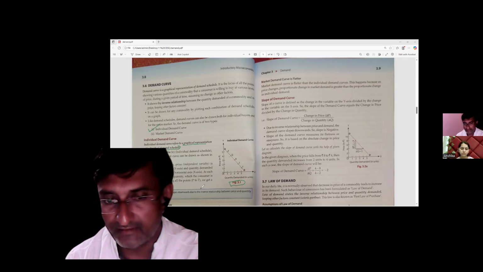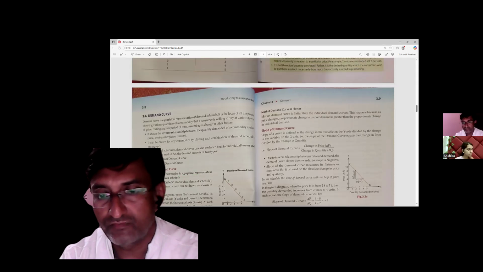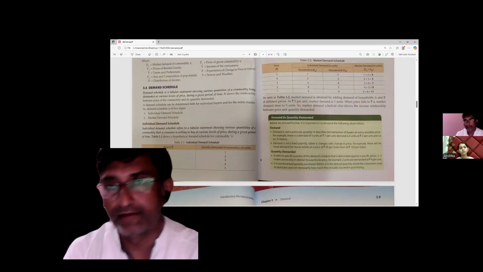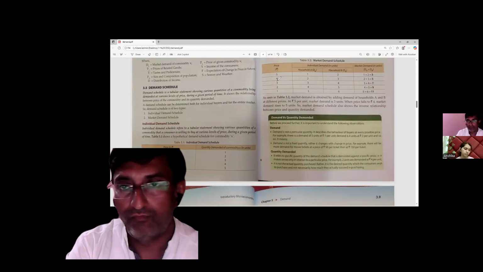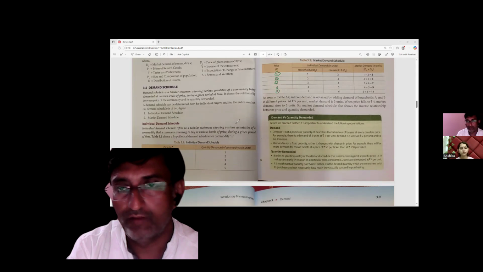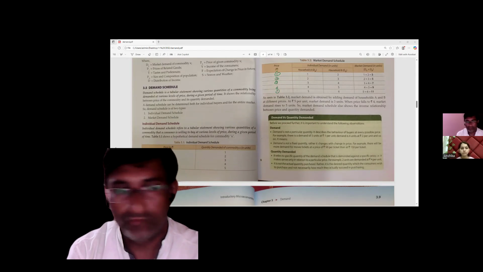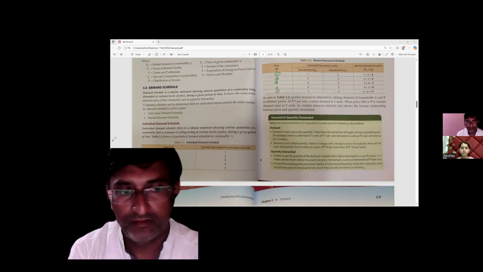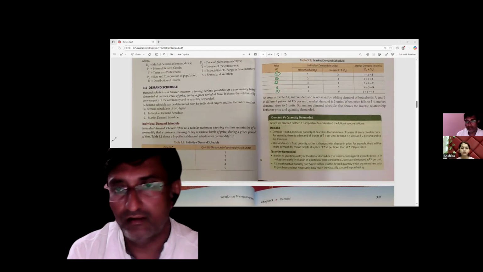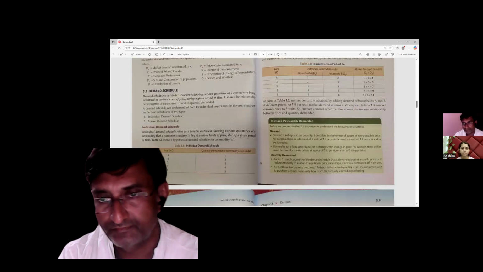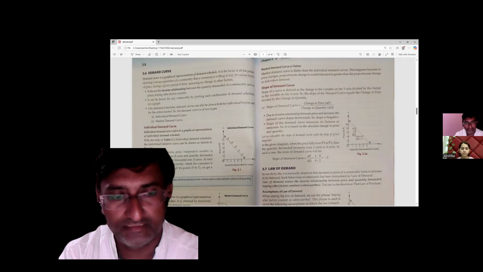See, here is the diagram. Here is quantity demanded and here is the price given. In the earlier example, the price went from 5 rupees to 1: 5, 4, 3, 2, 1. So we are representing the market demand schedule in graphical format as an individual demand schedule.